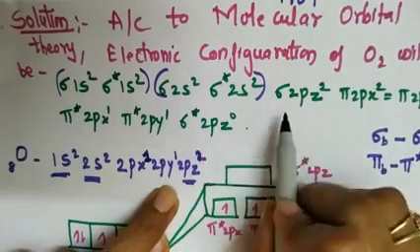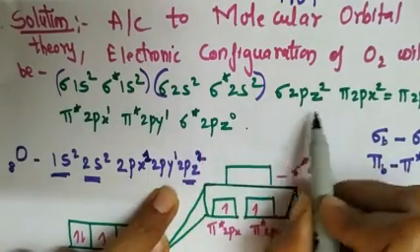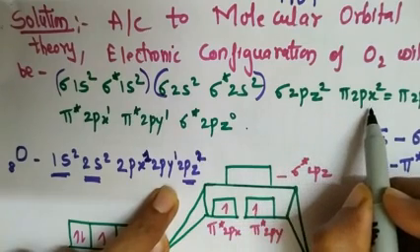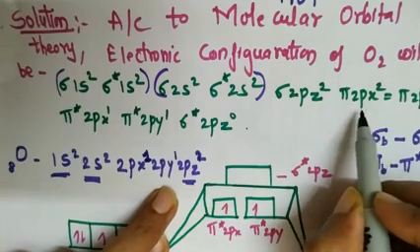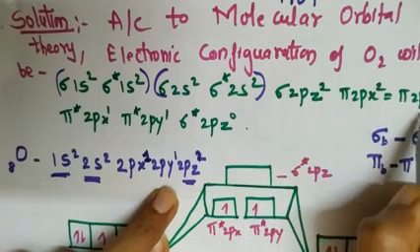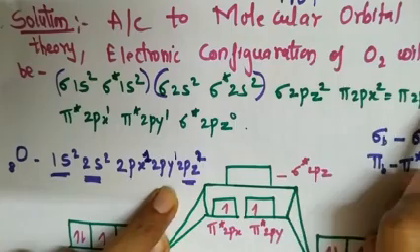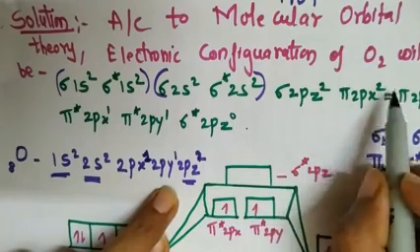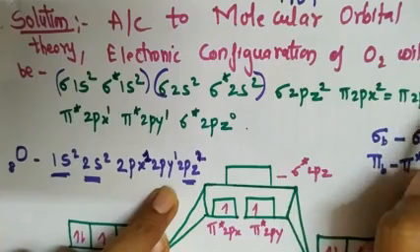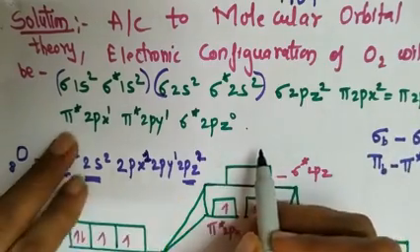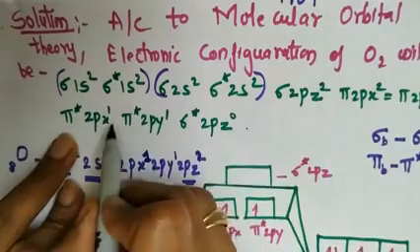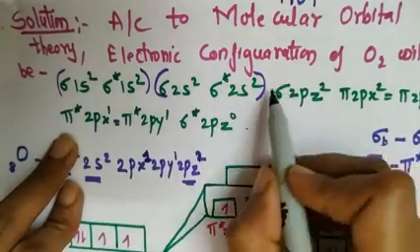After sigma 2pz2 filling comes pi 2px2 and pi 2py2, and then their anti-bonding. They have equal energy, so they are shown by an equal to sign.